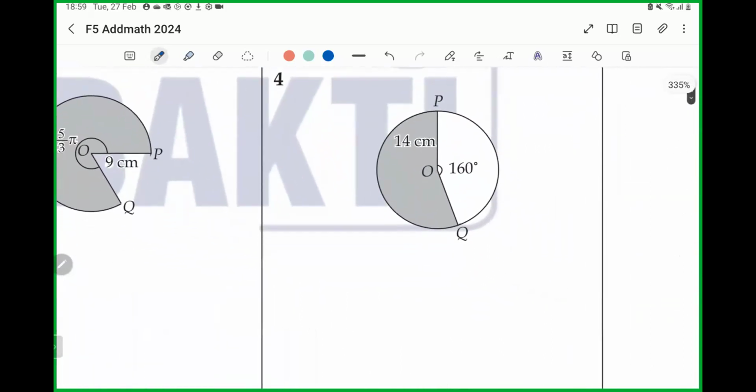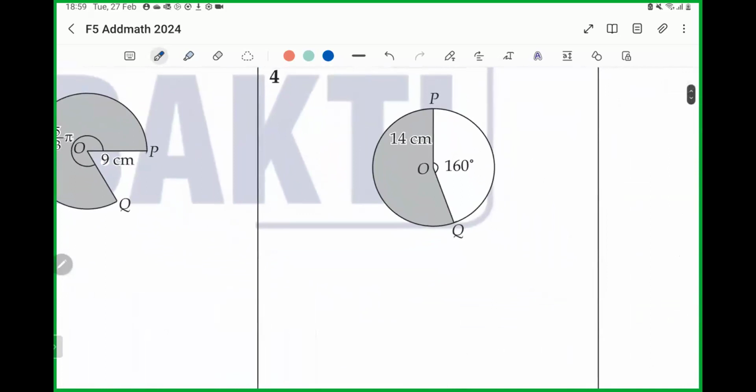Like question number 4. Try to find the area of sector for me. You see the angle is actually labeled on the other side, right? The white color part. So don't use that angle. You will need to find the angle from the other side. What would you get?